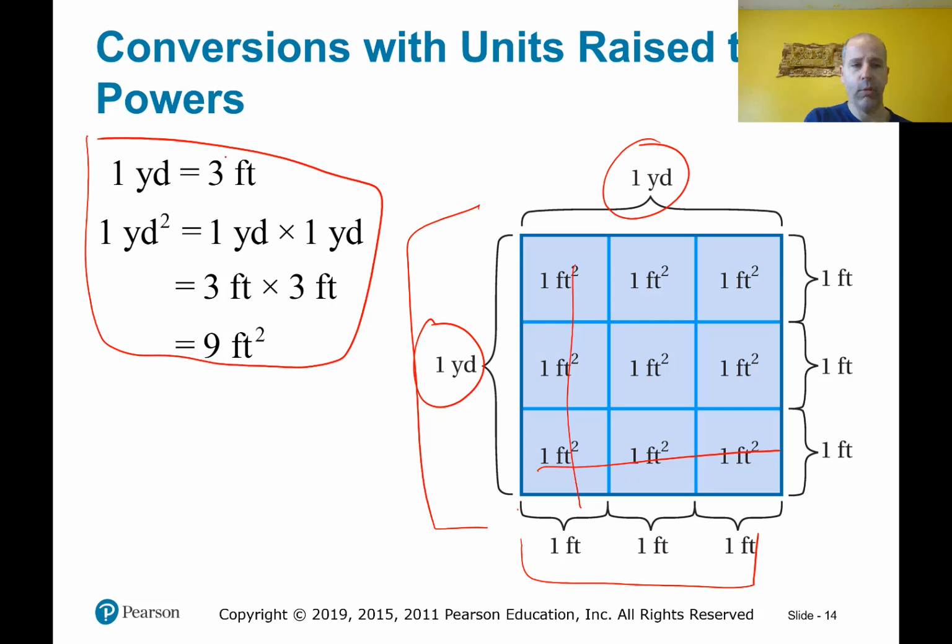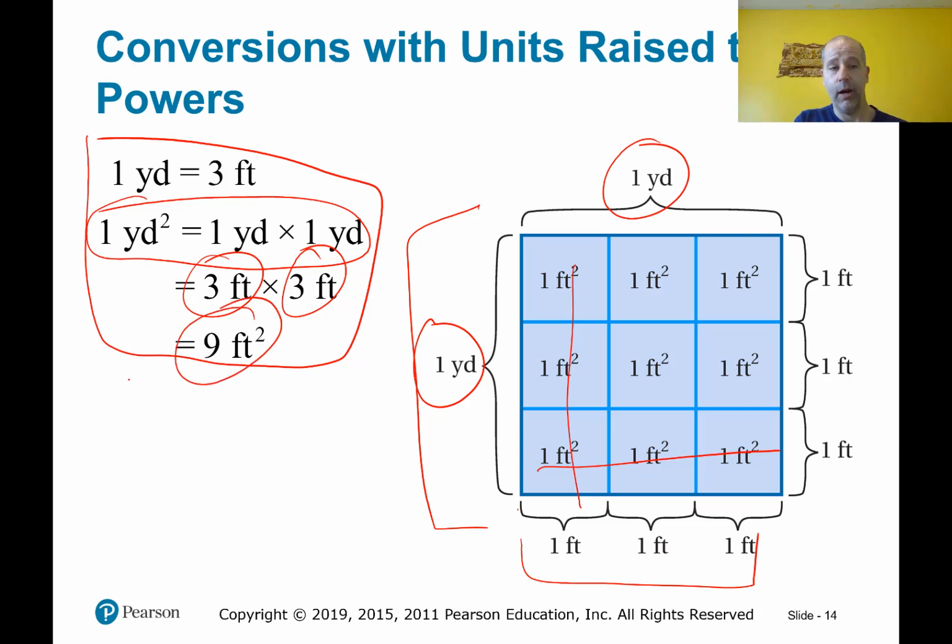So we just use the fact that we can rewrite this as yards times yards, which is 3 feet times 3 feet. Each yard is equal to 3 feet, and you get 9 square feet. So you could use this, or you could remember that 1 square yard is equal to 9 square feet, okay?